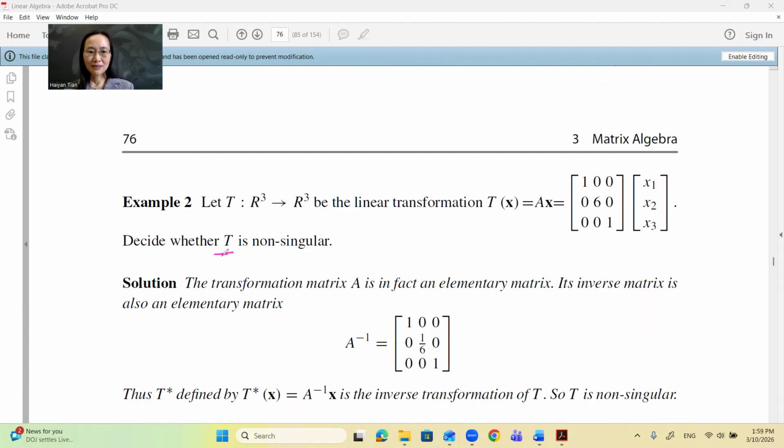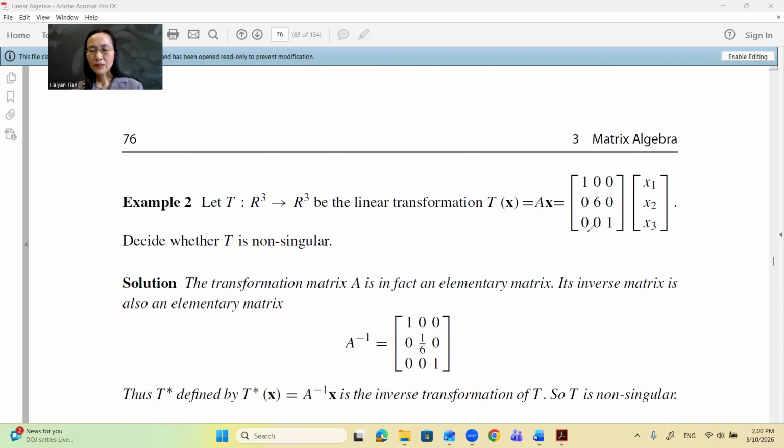Now decide whether T is non-singular. That is based on our introduction of this topic. That means just decide if T has an inverse transformation.